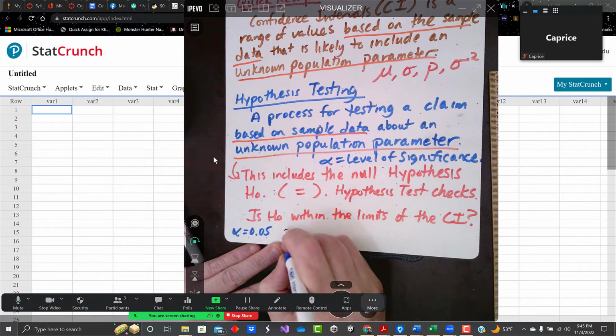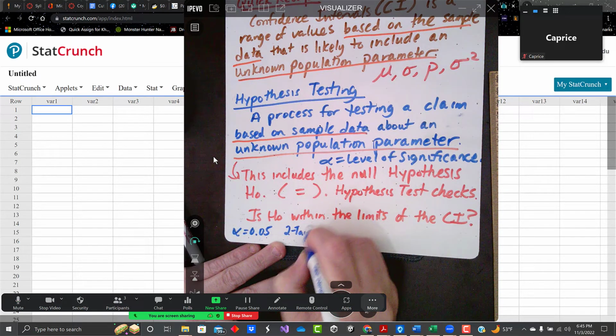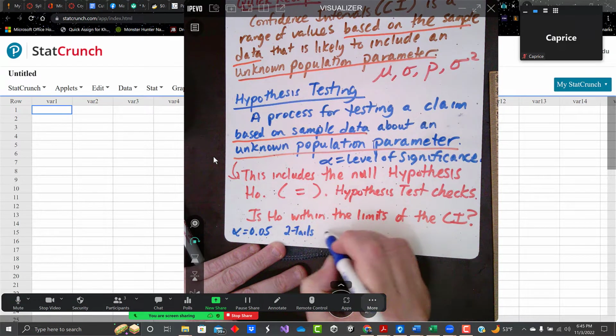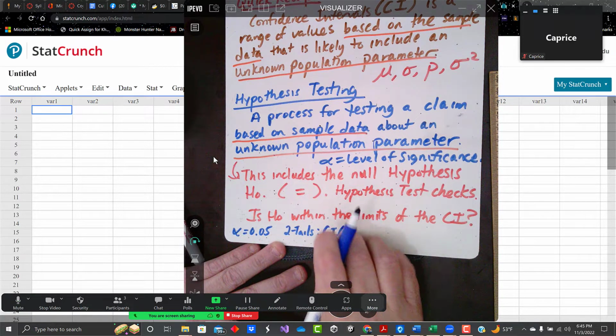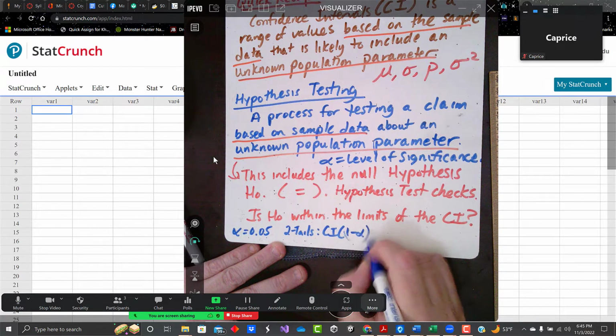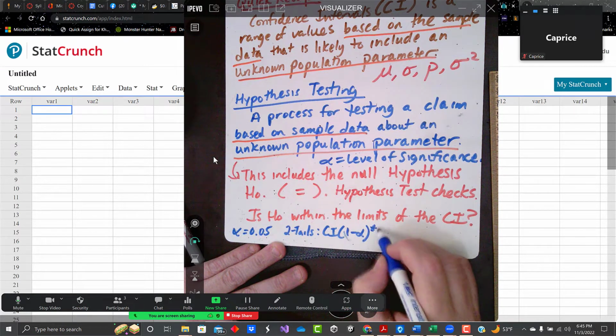On the two-tailed test, our CI is 1 minus alpha times 100%.